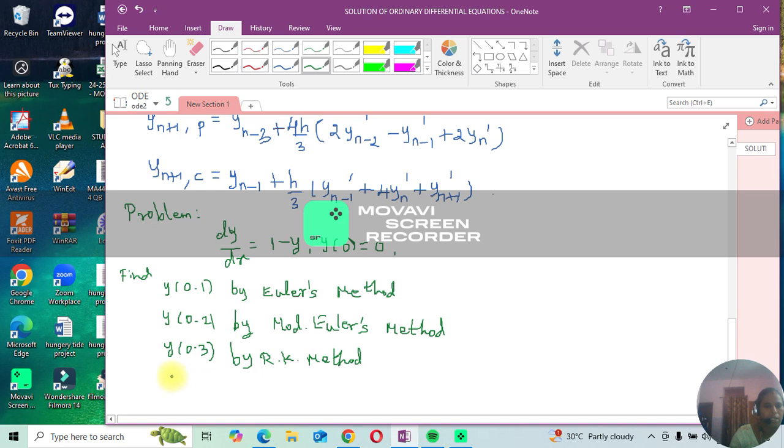And at last y of 0.4 by Milne's method. So this is one of the very important problems, because in this problem we are covering 4 methods.